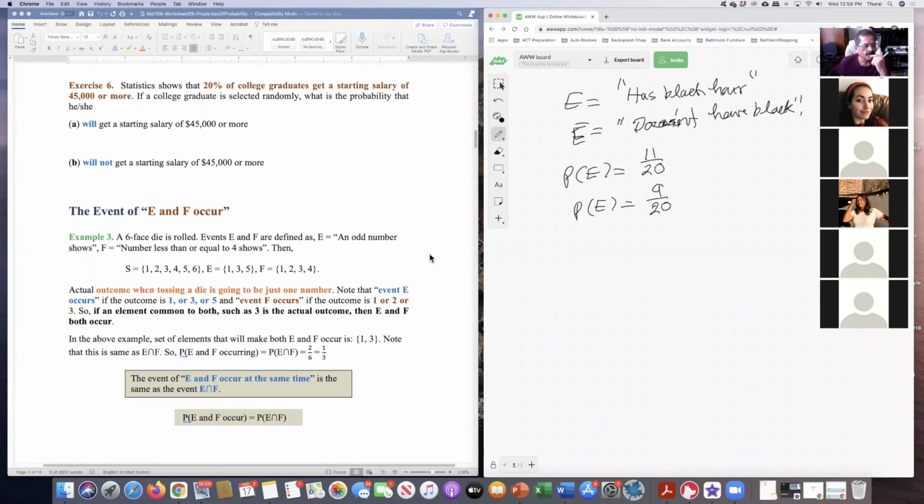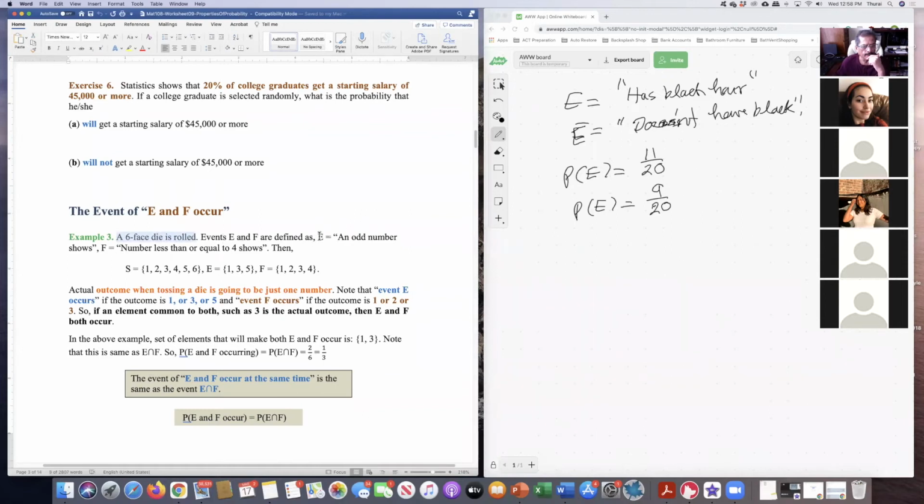Okay, let's go to the events E and F occurring. We discussed this a little bit before, but let's understand it fully. If I use this example, two events occurring at the same time, that is what we're going to be looking at. Suppose that a six-sided die is rolled.